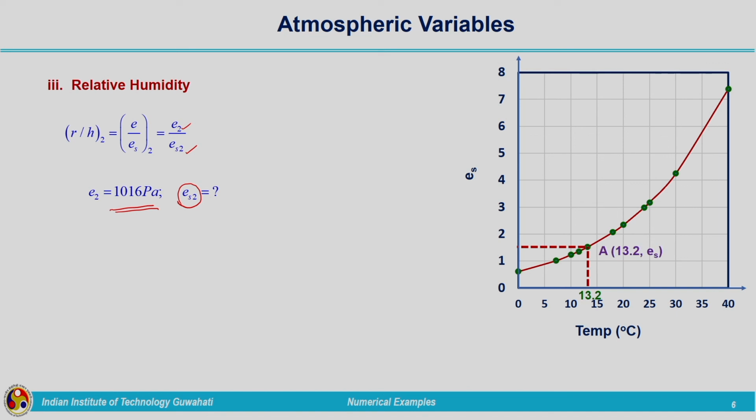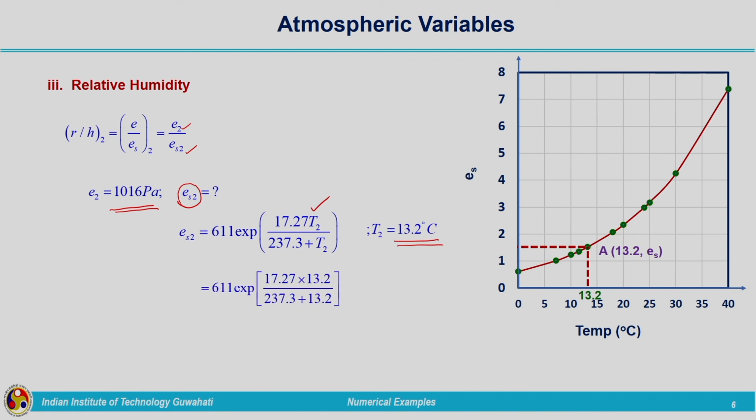This is Es, and Es can be calculated by using the exponential relationship. Here we will be substituting T2, because corresponding to the temperature T2, what will be the saturation vapor pressure, that is what we need now. So, Es2 is calculated, T2 is 13.2 degrees Celsius, that we will substitute here and we will get the value corresponding to Es2.